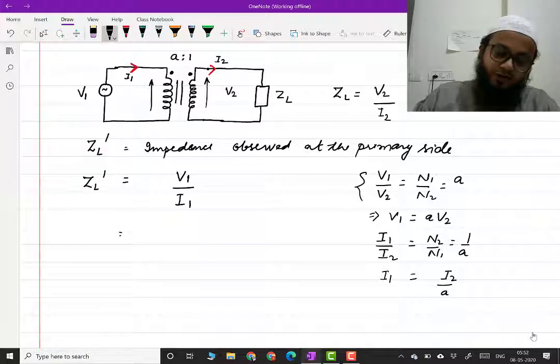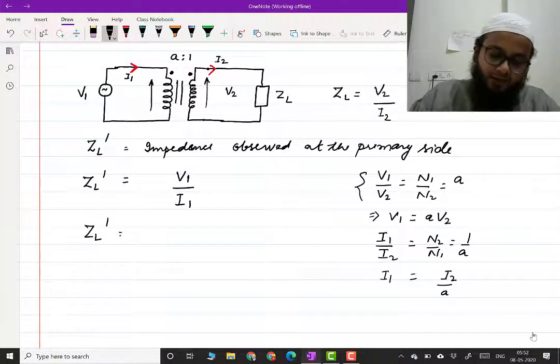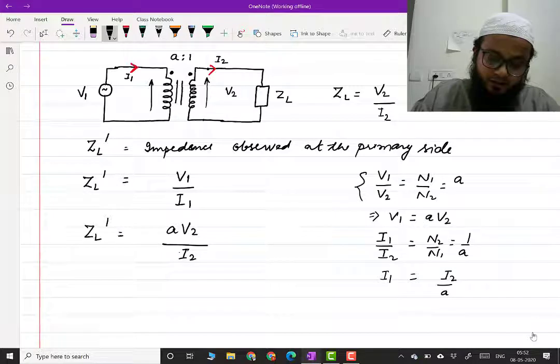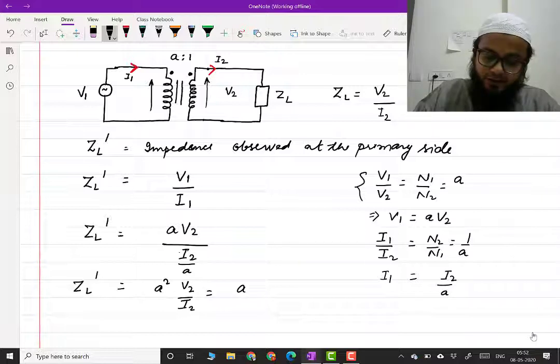Putting these values here, this ZL dash can be written as A times V2 upon I2 by A. So this ZL dash is actually A square times V2 by I2, which is A square times ZL.